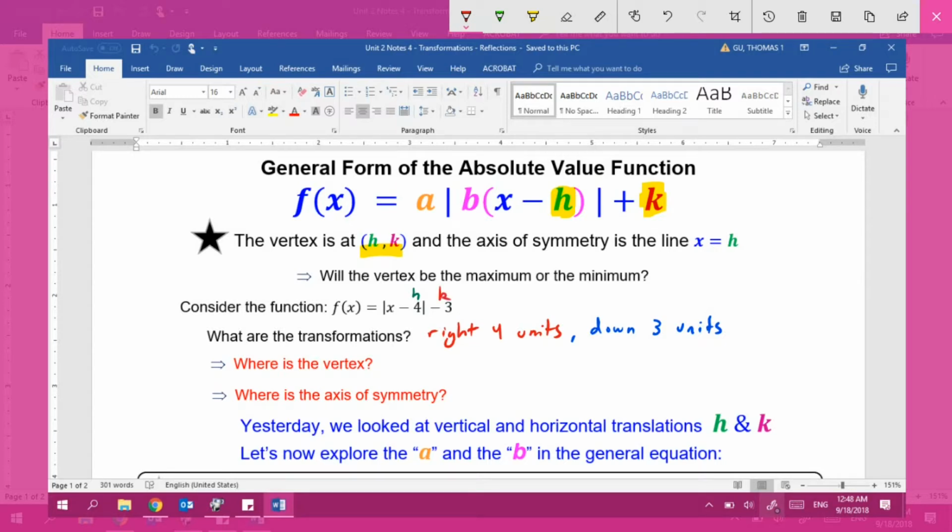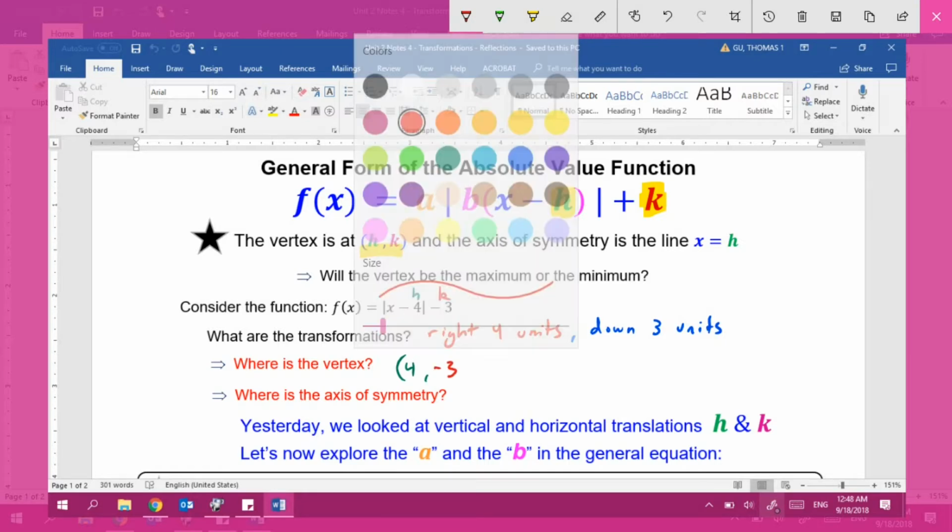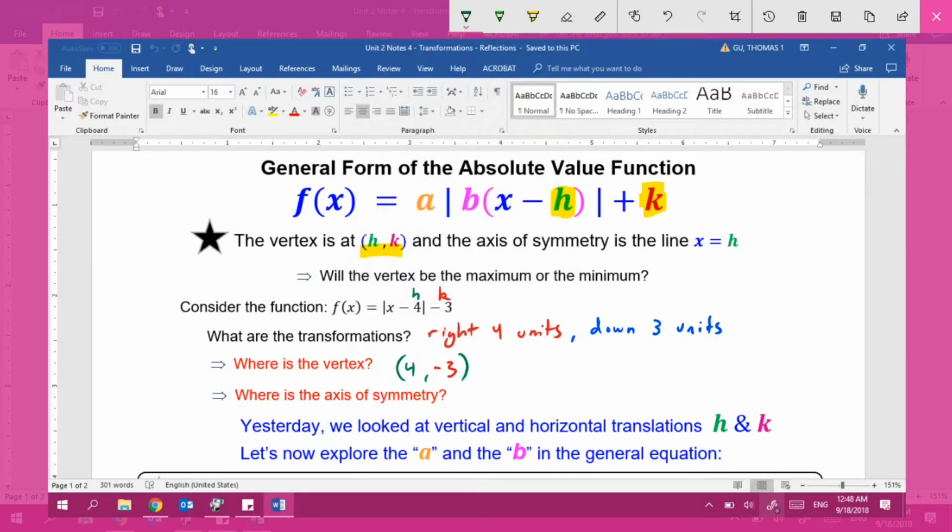It's the negative 3. So my vertex is going to be at 4, comma, negative 3. Now that is because our inside is minus h. We can see the minus 4, so it's just 4. And the outside is plus k, but we see a minus sign here, so it's going to be minus 3.